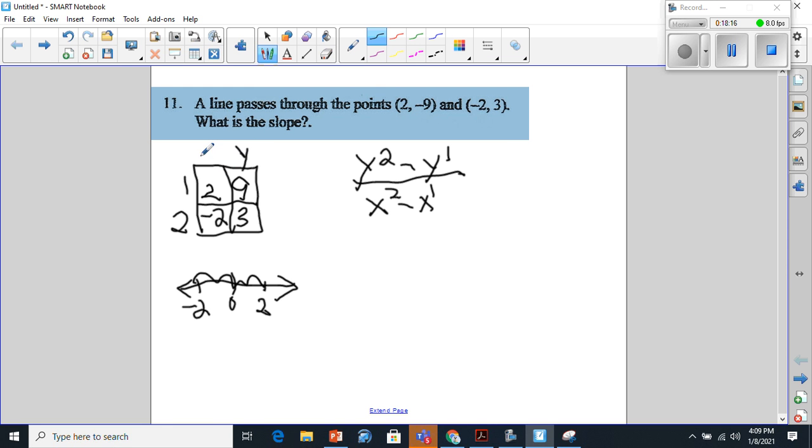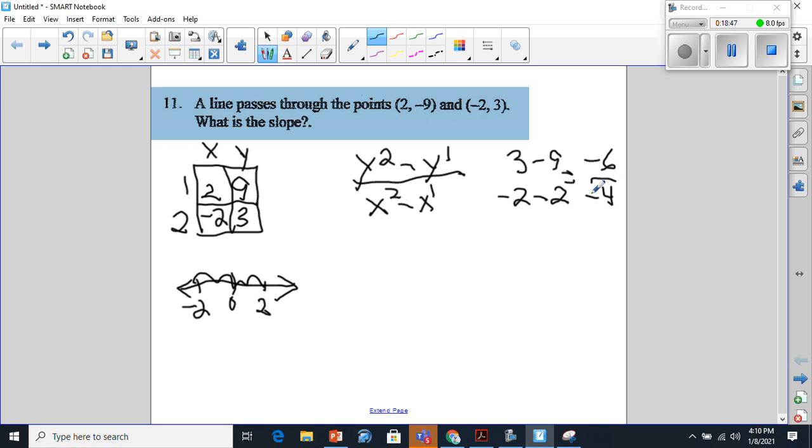This is the y, this is the x, so in actuality, this would be 3 minus 9 over x2 minus x1, which is -2 minus 2. This gives me 3 minus 9, which is -6, over -4.